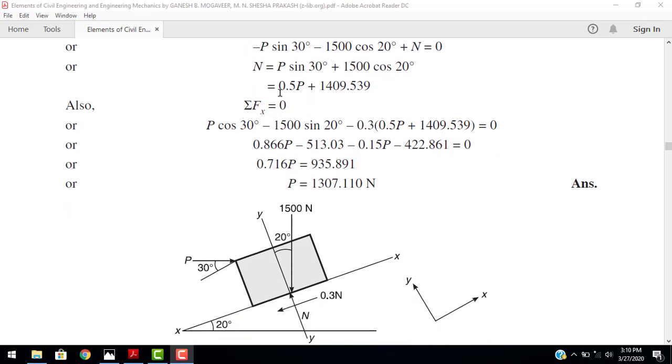Next, applying the condition of equilibrium for the horizontal axis, that is the x-axis.